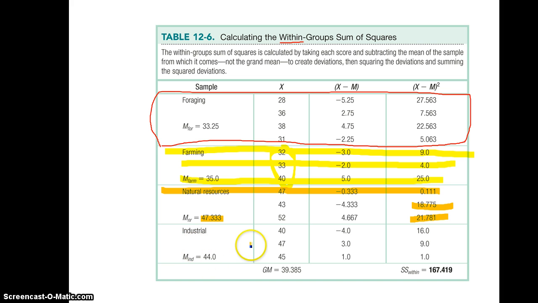And lastly, we have our industrial group. We find the mean again, subtract out the mean from each score, and then square those values. Then we sum them all together, and that's what we get here: 166.47419. So that is sums of squares within.